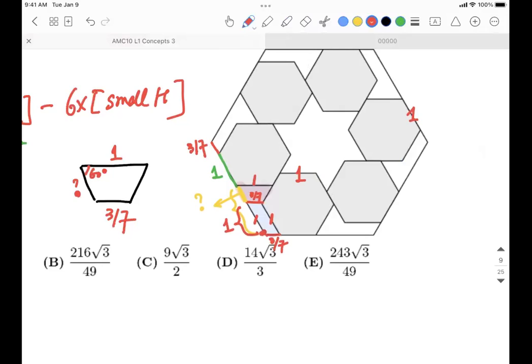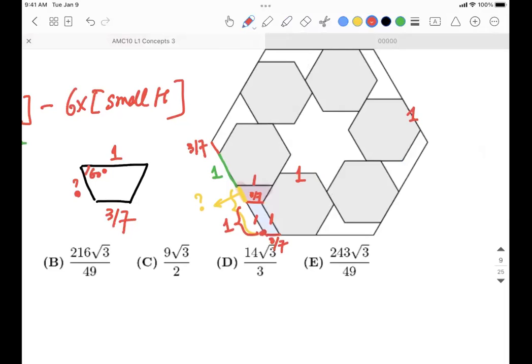Anyone know? I have an isosceles trapezoid, and in this isosceles trapezoid you have the top, you have the bottom, right? And then how can you determine the side?